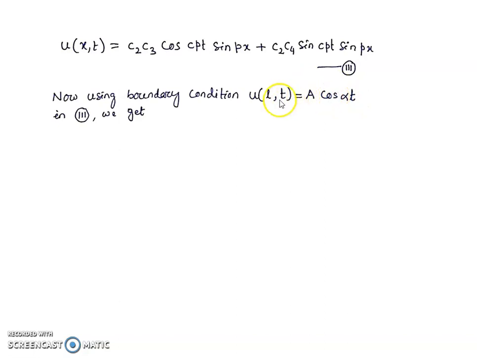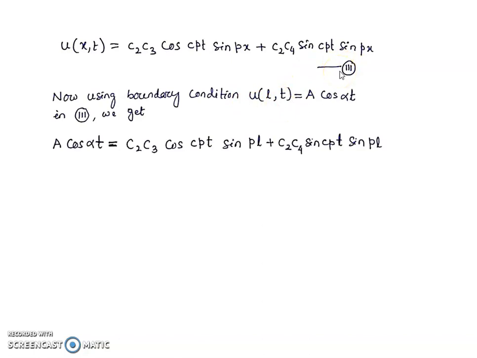This is the boundary condition given for x is equal to L. If we use this boundary condition in equation 3, we get u(x,t) becomes a cos alpha t because x is equal to L. So a cos alpha t, and on the right hand side, if we put x is equal to L, we have c2 c3 cos cpt sin pL, x becomes L, plus c2 c4 sin cpt sin pL.